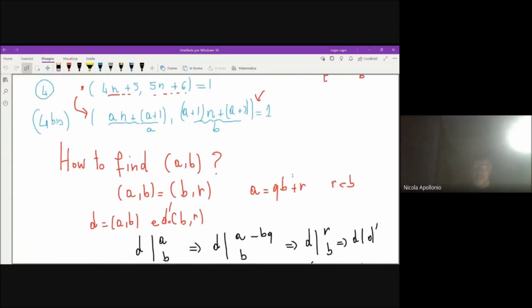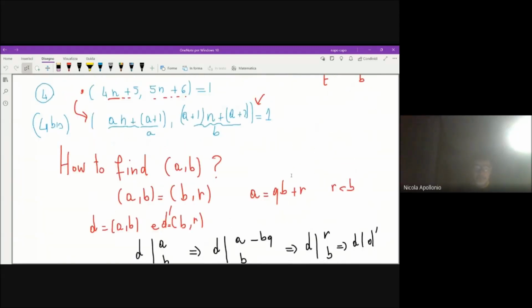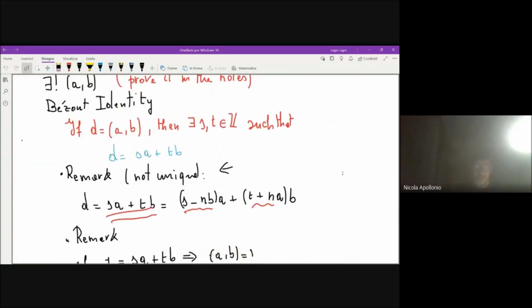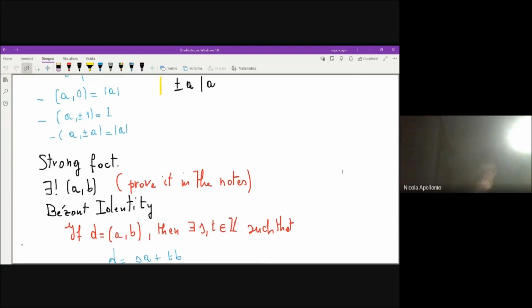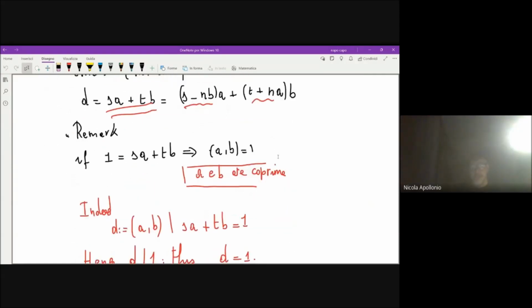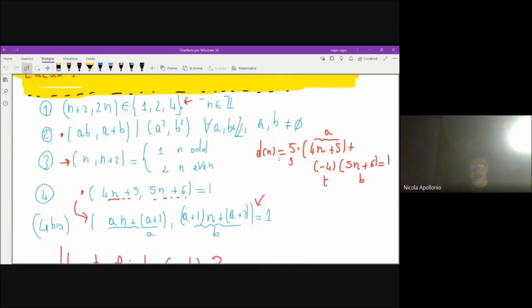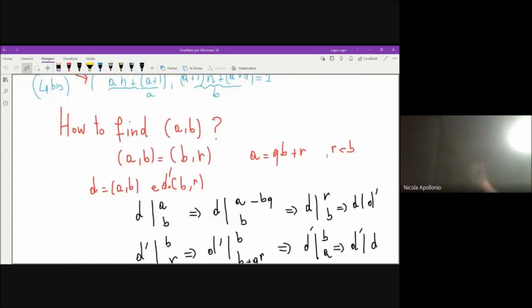I missed last time. We spoke about the greatest common divisor and Euclid's lemma, and we discussed some exercises, but actually I didn't give you any method, any procedure to find the greatest common divisor of two numbers.